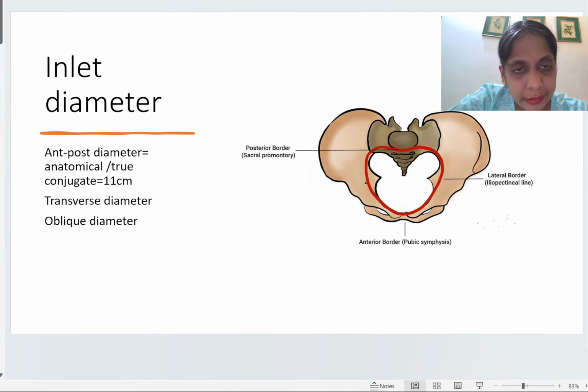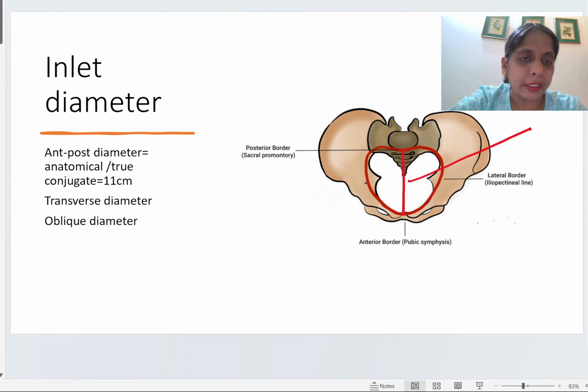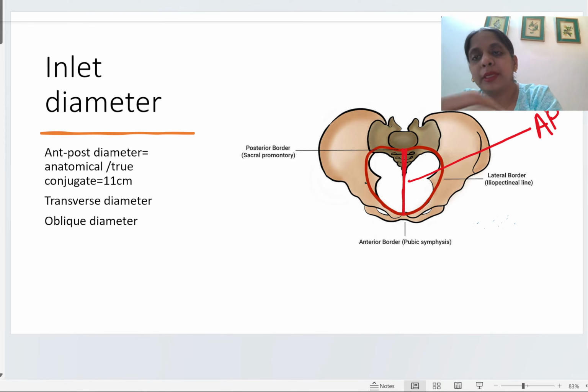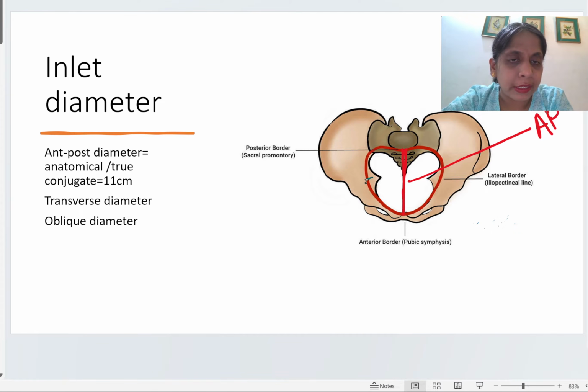This is the antero-posterior diameter. The line which goes from anterior to posterior is known as the antero-posterior diameter.